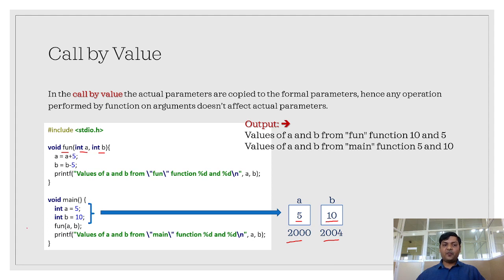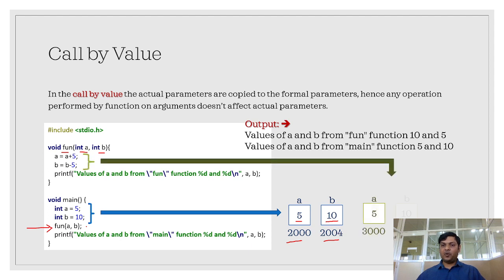When we call the function fun from main, it also loads in memory, and for its variables a and b, memory locations 3000 and 3004 are allocated, which also contain the values 5 and 10. But there is no direct link between memory locations 2000 and 3000, and between 2004 and 3004.